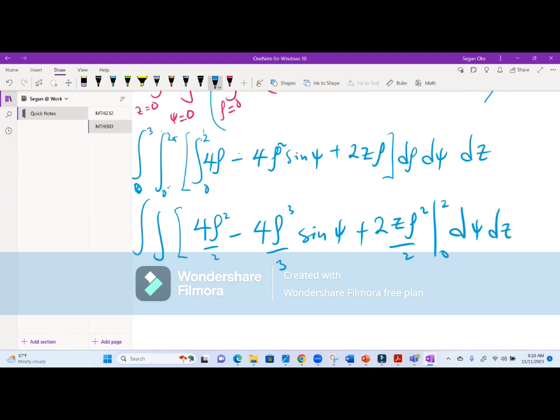So if this is 0 to 2 pi, this is 0 to 3. Remember, you are changing into cylindrical, so that's why we are doing all this.